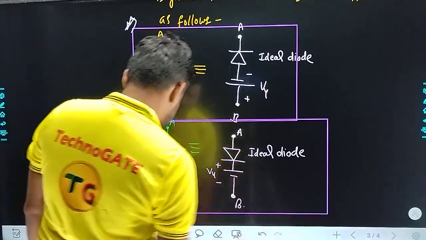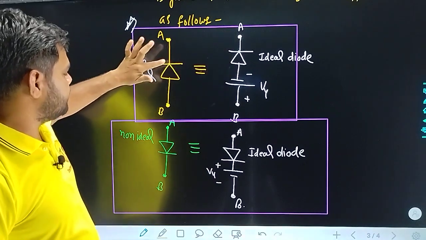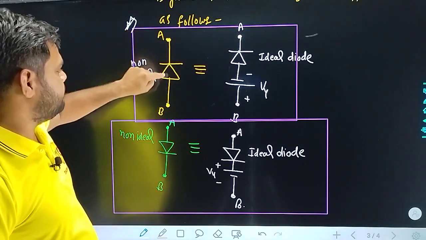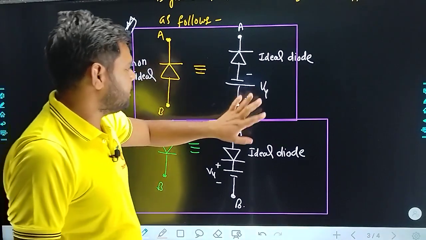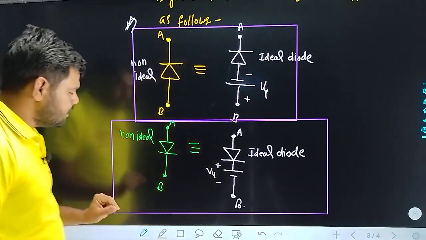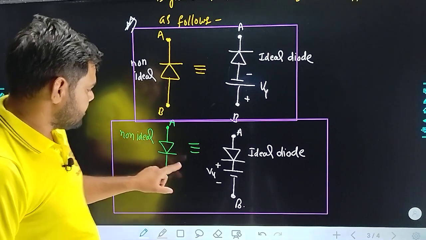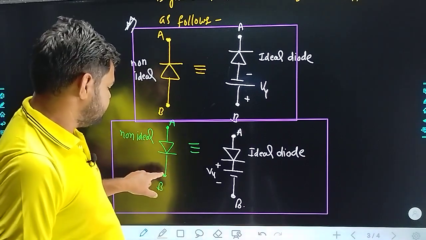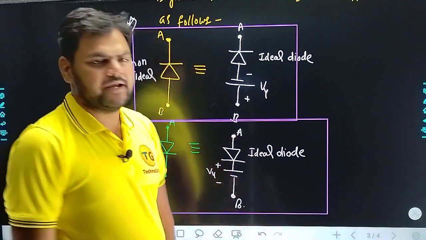If we realize it, you see here the A terminal is connected to the N side and B is connected to the positive P side. So of course the supply came here, N side negative, P side positive. And you can say here P side is connected with A, N side is connected with B, and the supply again has P side with positive, N side with negative.